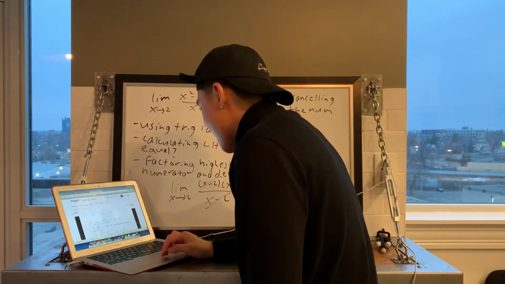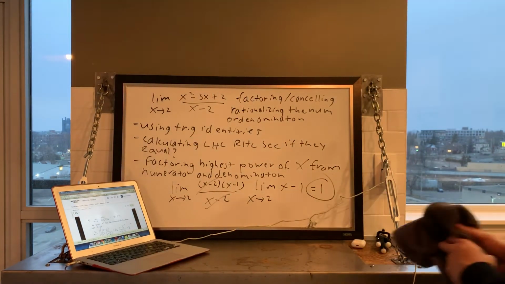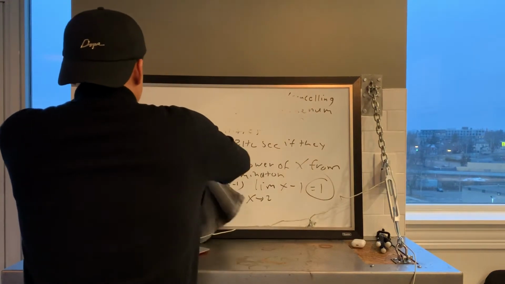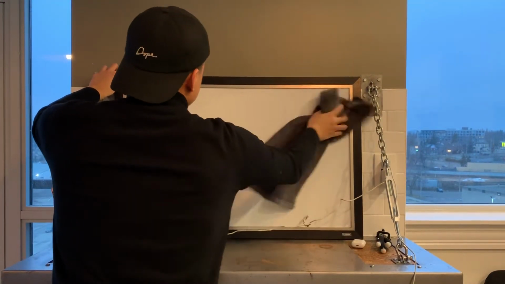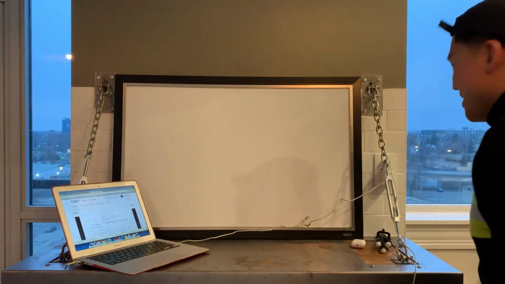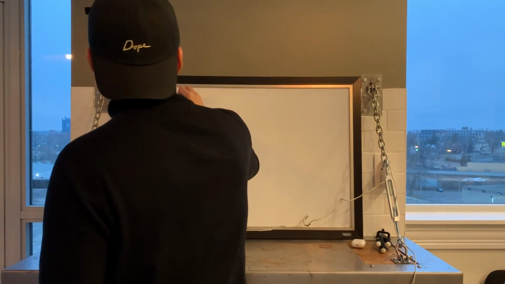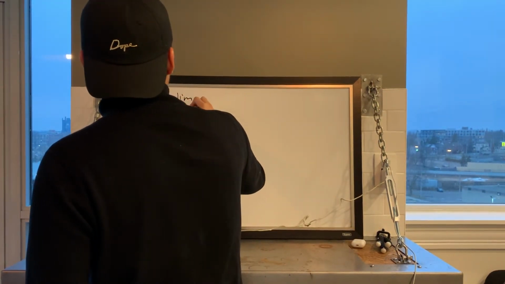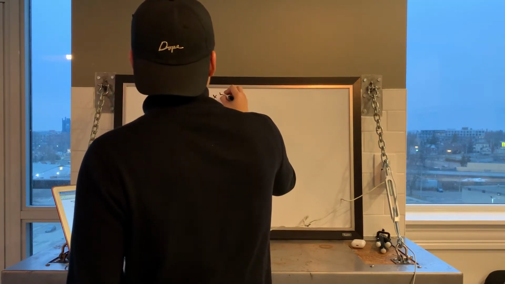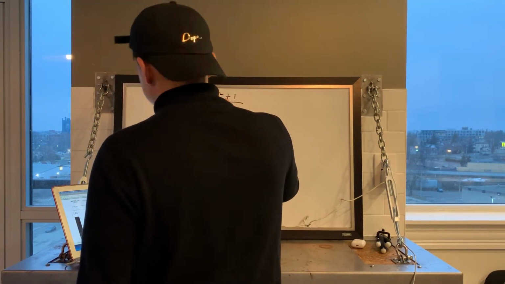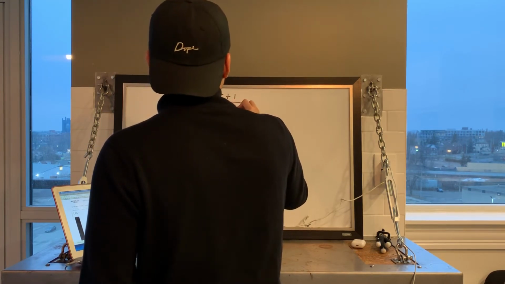So let's look at question 2 right here. All right, so with question 2, we have the limit as x approaches infinity of 2x squared plus 1 all over 3x squared plus 9x plus 8.